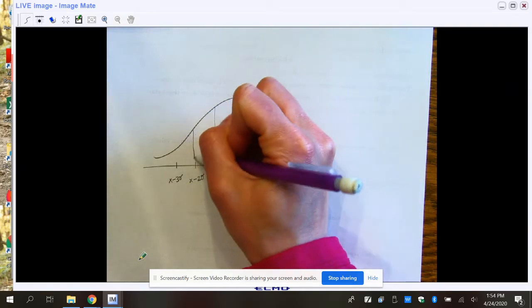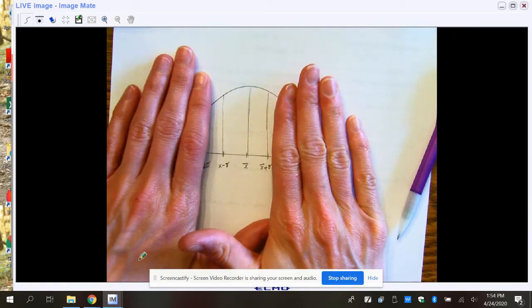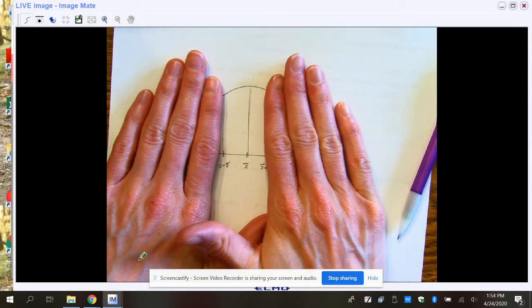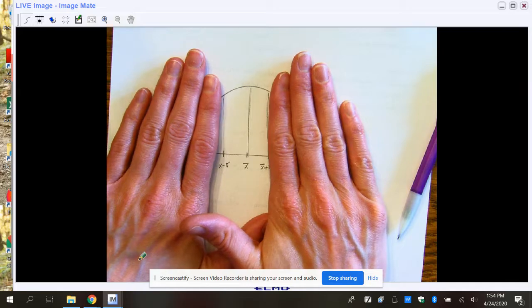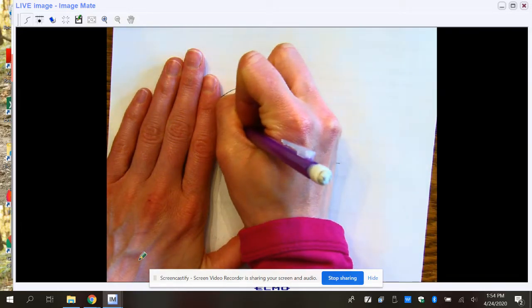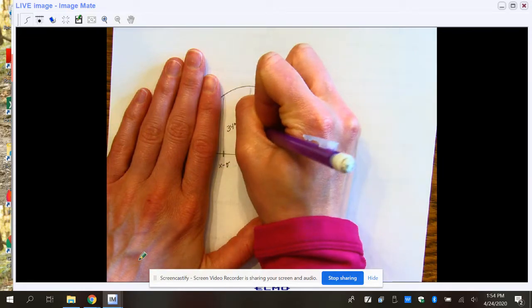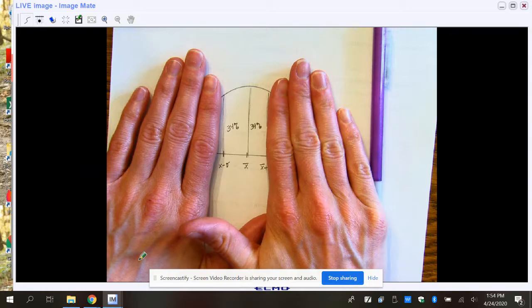All right, so if we go back to that 1 standard deviation, these aren't exactly even, but it's okay. We said yesterday that 68% of your data falls within 1 standard deviation of the mean. And so that means that 34% would fall 1 above and 34% would fall 1 below.